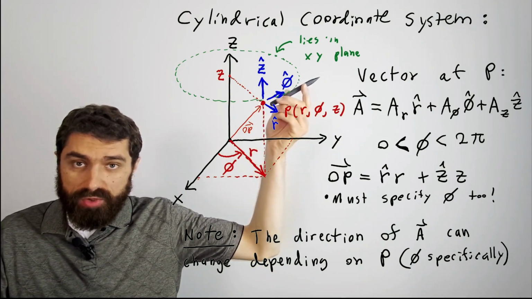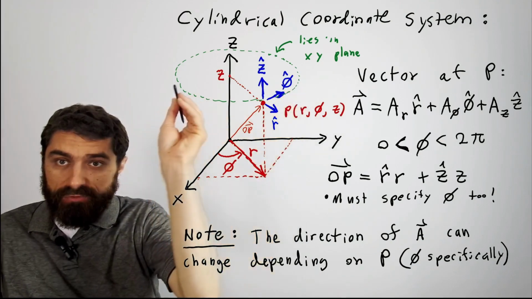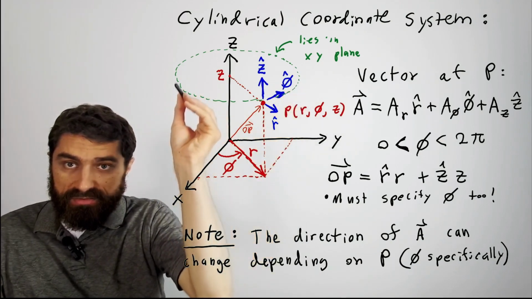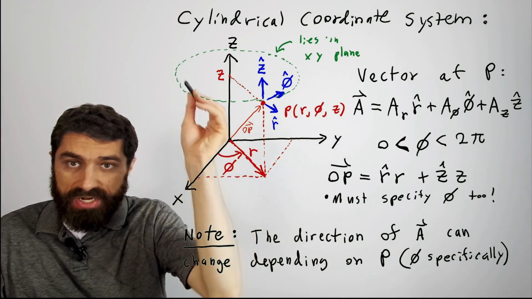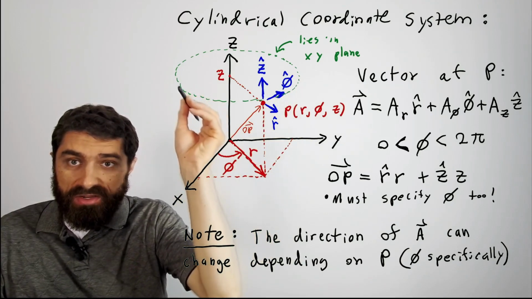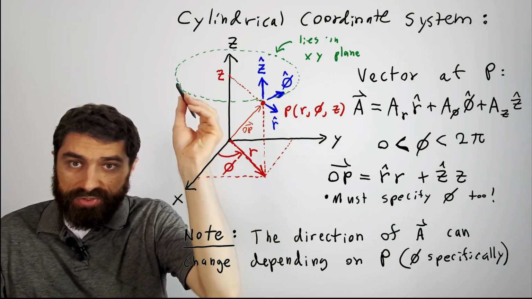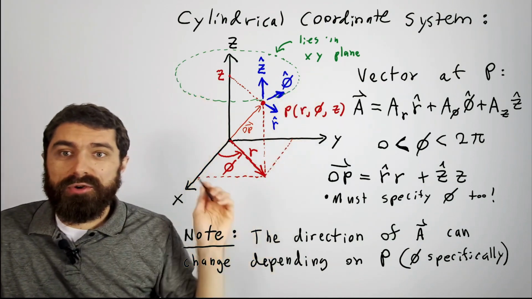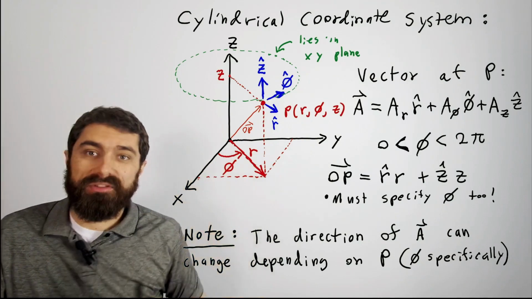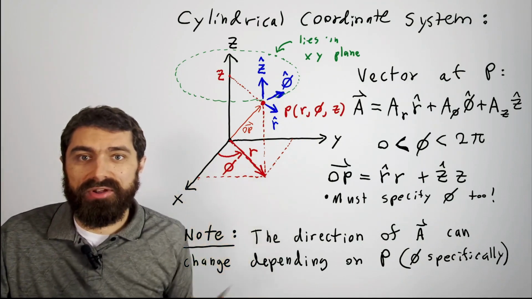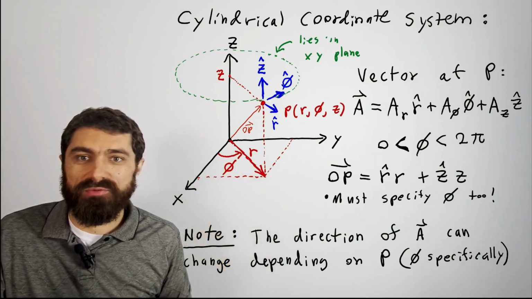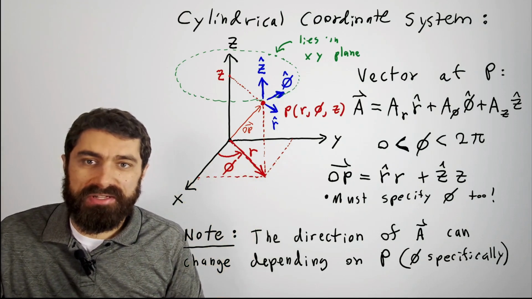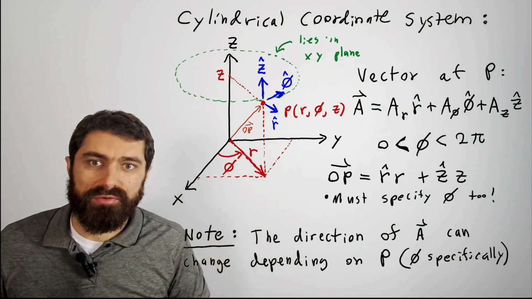But if you picked a point over here, the vector tangent to the circle, phi hat, is now oriented in a different direction. It's oriented in this direction instead of this direction. So the orientation of the vector actually depends on your location in space, and that's one of the different things about the cylindrical coordinate system.